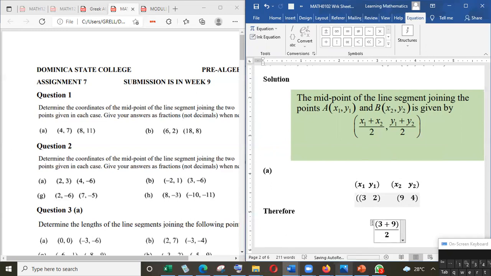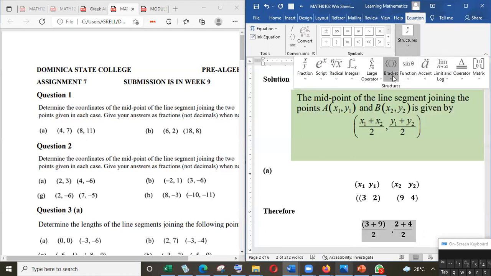Okay. Comma, open bracket, y1 plus y2. y1 is 2 plus y2 is 4. 2 plus 4, close bracket, divided by 2. And all enclosed in a bracket because we're talking about a point, the middle point. A point is within brackets, 2 coordinates within brackets.